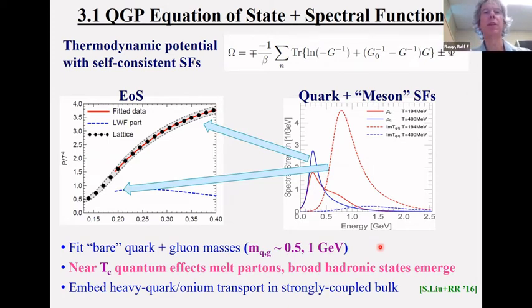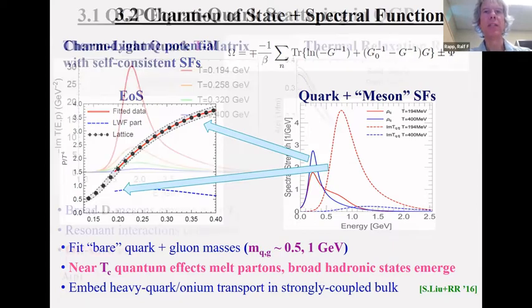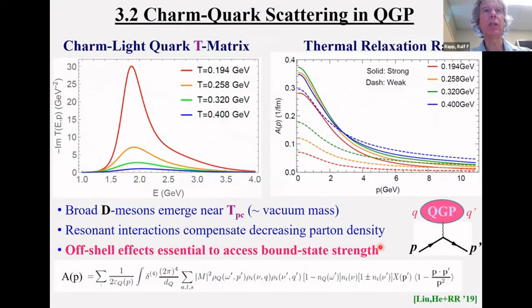So this then provides a consistent medium, together with the heavy flavor part, that we can use to evaluate our transport coefficients. So let's have a look at the quark transport coefficient. First, I show here the two-body T-matrix for heavy-light scattering, and not surprisingly, much like in the light sector, the D meson comes up again pretty much at the right mass, 1.8 or 1.9 GeV.